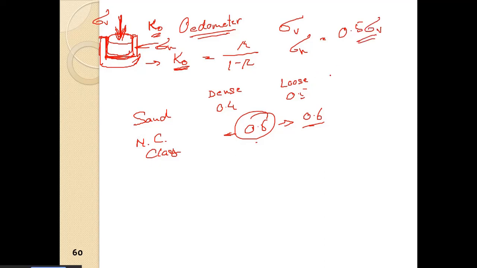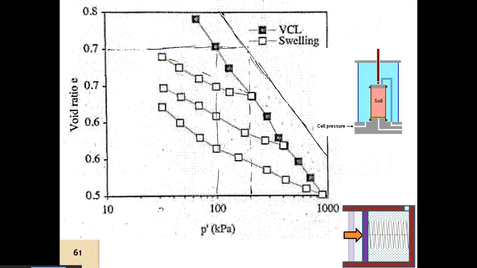So we can say that there is some amount of shearing in the sample. We have seen that Q is equal to sigma 1 minus sigma 3, or T is equal to sigma 1 minus sigma 3 by 2. So in this consolidation there is some amount of shearing.